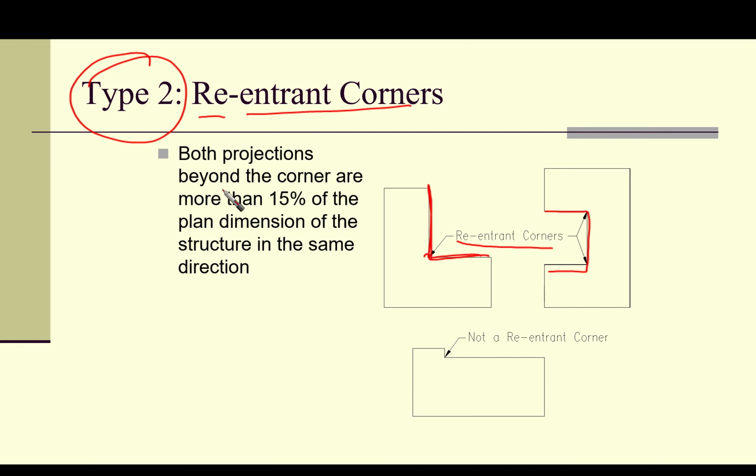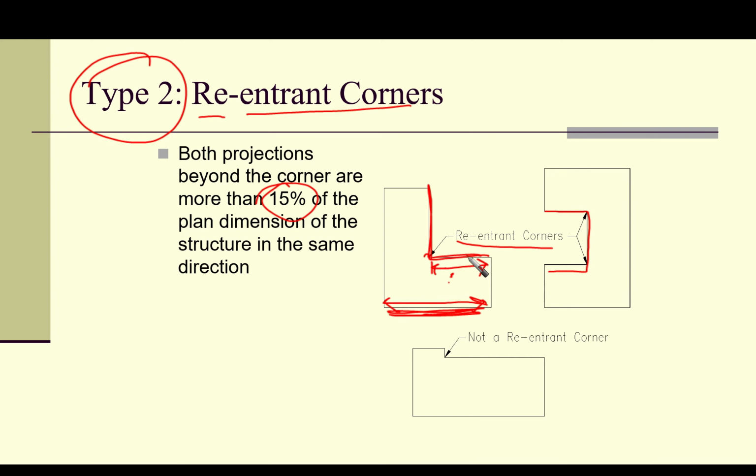Both projections beyond the corner are more than 15% of the plan dimension of the structure in the same direction. So if we talk about this part, for example, this is the re-entrant, so we need to measure it against this part. If this one is larger than 15% of this dimension, then type 2 horizontal irregularity applies.